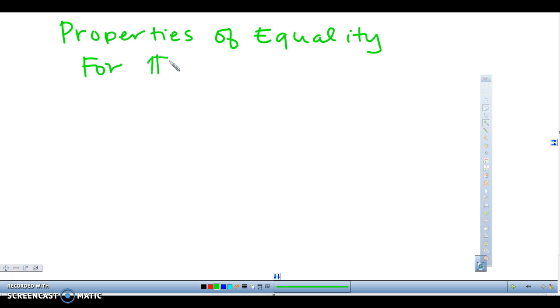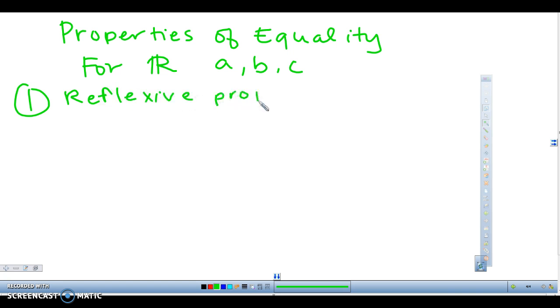For all real numbers A, B, and C, I have 1, the reflexive property, which literally just says that A is equal to A. Any number is equal to itself. It doesn't seem super important, but trust me, it is.